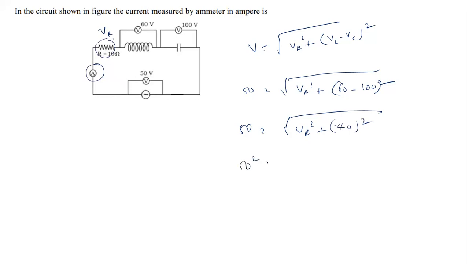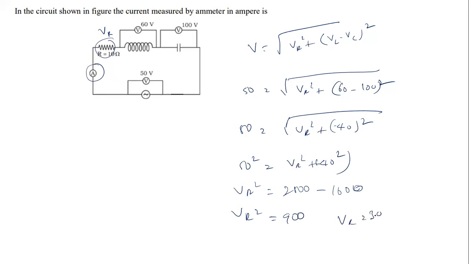So 50 square is equal to VR square plus 40 square. So VR square is equal to 2500 minus 1600. Then VR square is equal to 900.